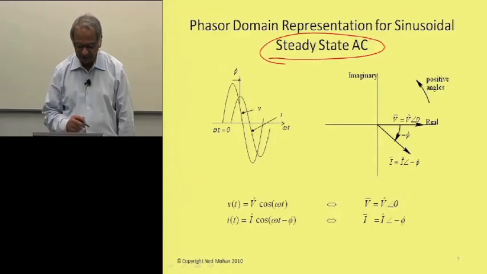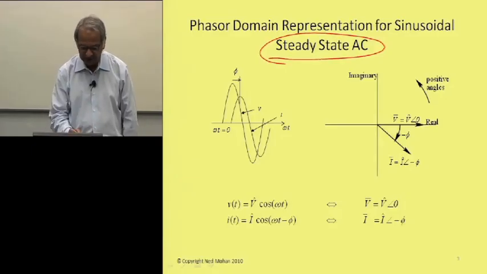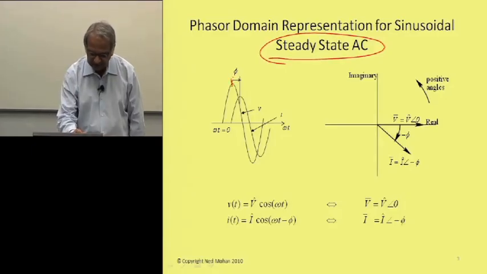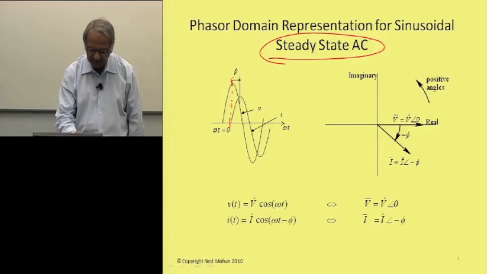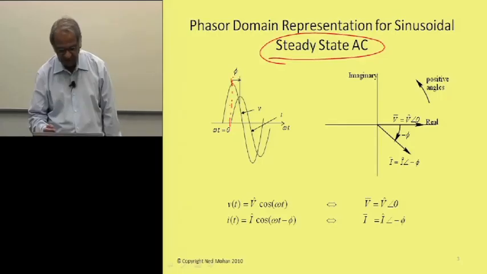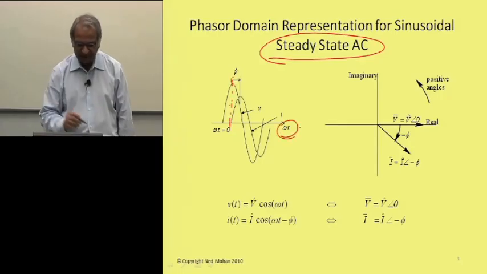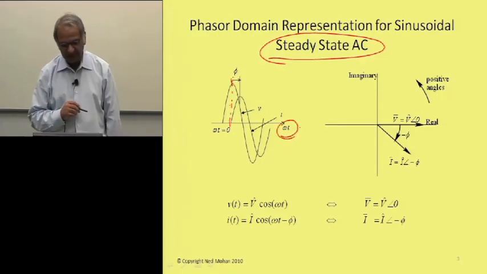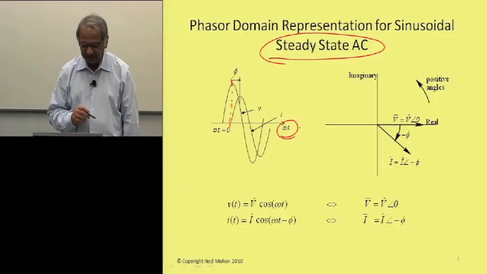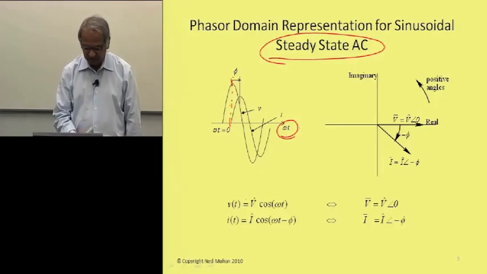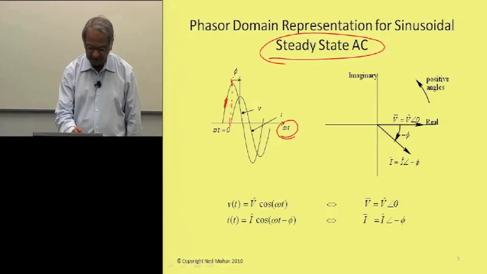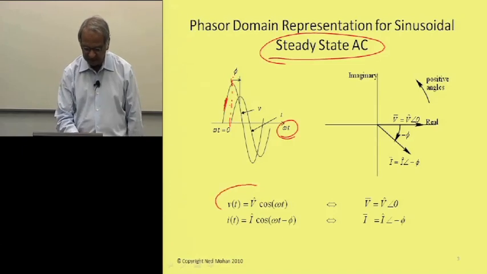Okay, so let's say that we have a voltage, and let's think of this as time 0 over here, because on the horizontal axis we are plotting omega t. As you can see here, the voltage waveform can be written by this expression.